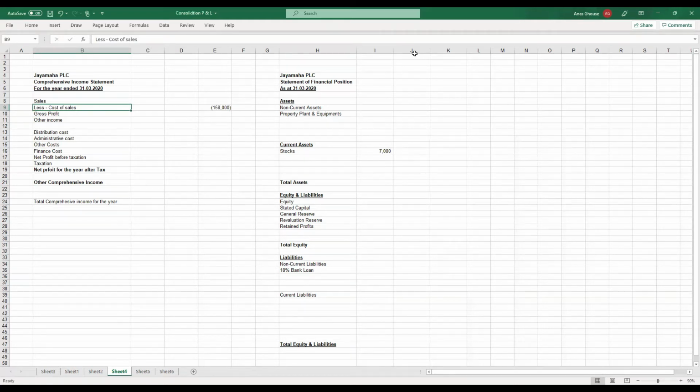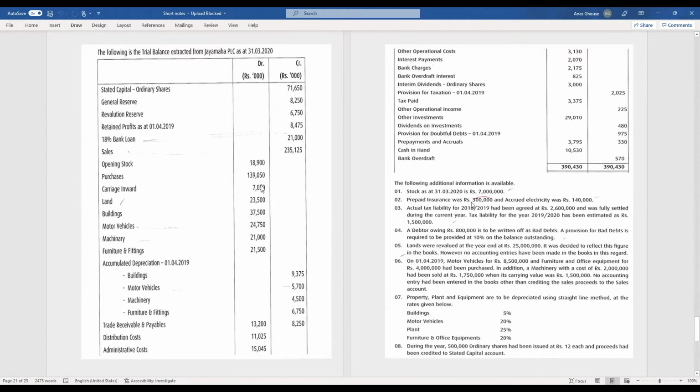Now we'll move on to the second part. What is the second part? Prepaid insurance 300,000 and accrued electricity 140,000. I think you are not given separate item-wise expenses; insurance and electricity are not given.